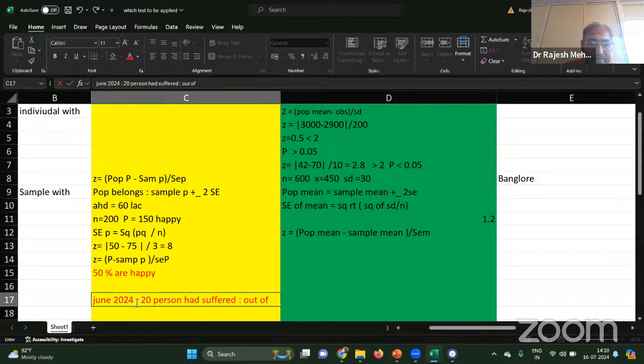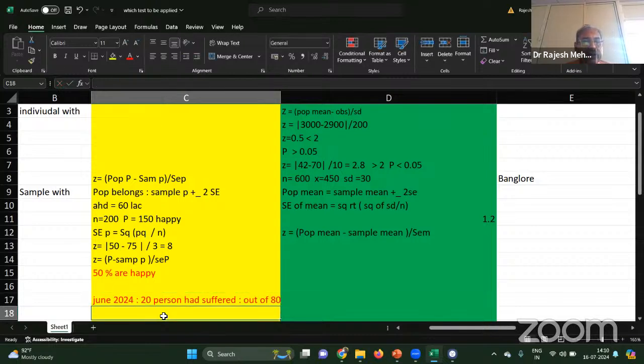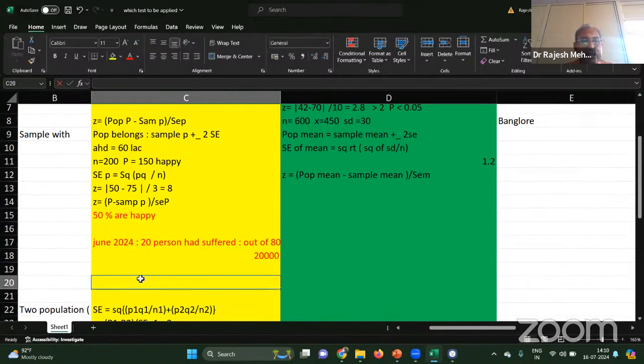Now, the question is, if this flat was in a town, and the total population of the small town was, let's say, 20,000, and considering that this 20,000 population was represented by these 80, suppose that is the presumption, what will be the percentage of sickness in this 20,000 population?